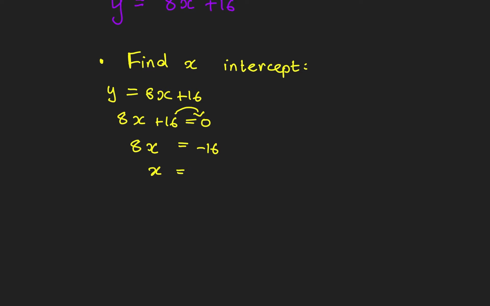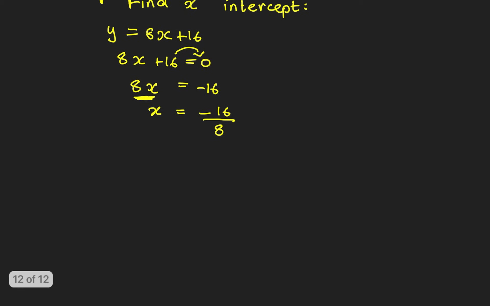So x is equal to negative 16 upon 8. Since these both are multiplied, they divide to break up 8. Now we have negative 16 upon 8. So x would therefore equal negative 2. So this would be our x-intercept.